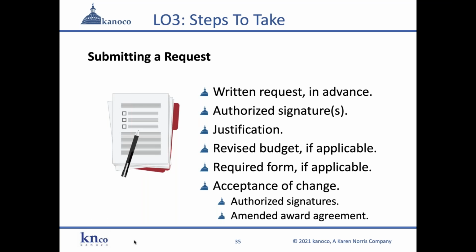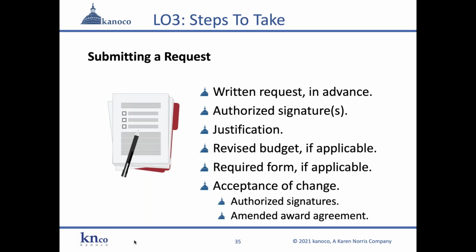Even though they are running that project, the award isn't made to the project director. The award is made to the recipient institution. So whoever is the authorized signatory for the institution, that would be the person who's authorized to sign it.